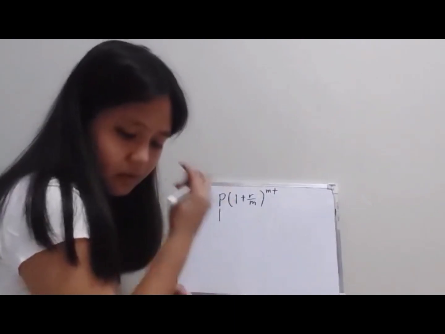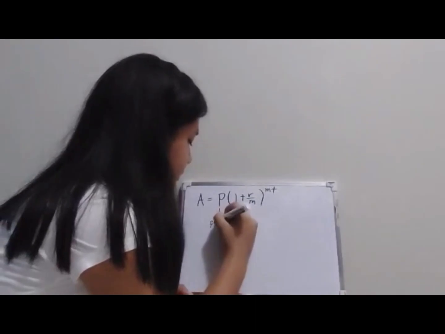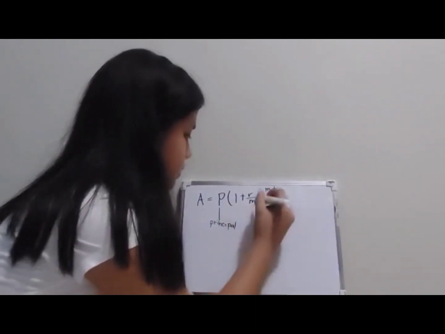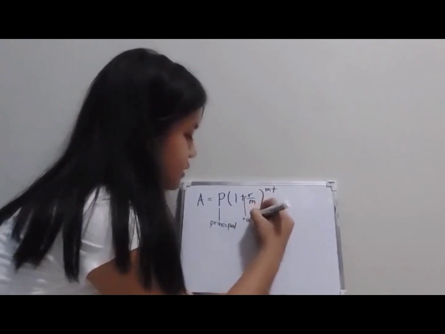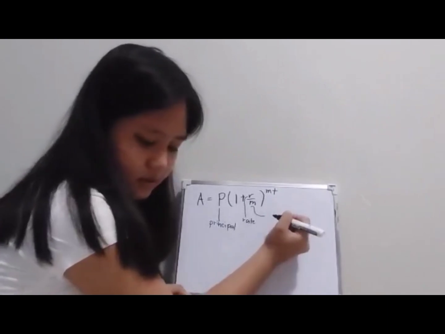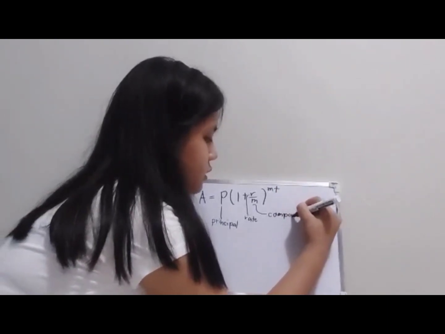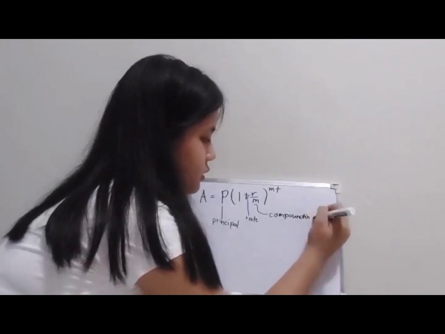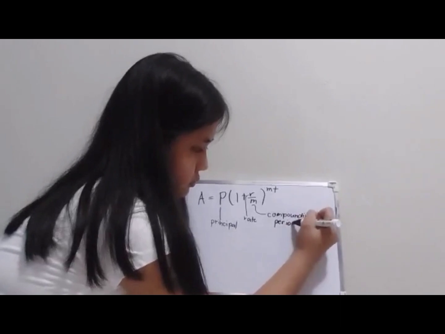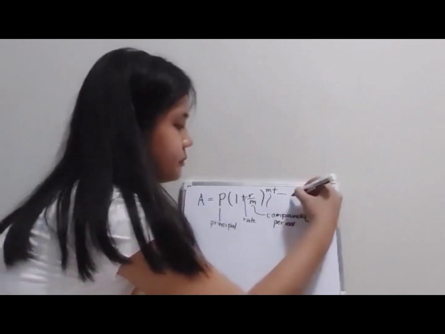P represents the principal, R is the rate, M is the compounding period, and T is time.